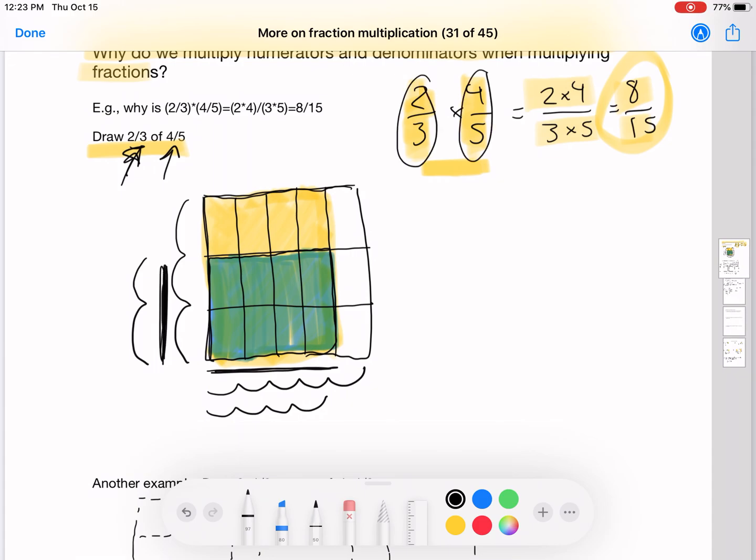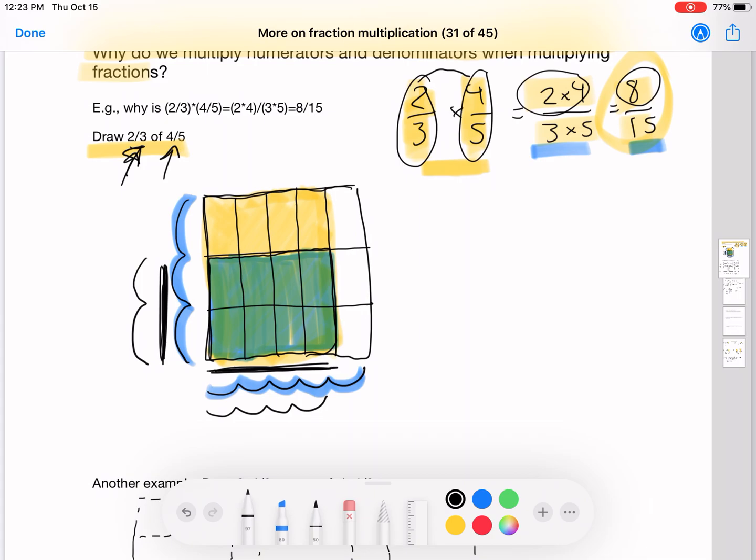So the number of pieces I have shaded in now is 2 times 4, or 8 pieces. However, the pieces are now smaller. I had it cut into 5 pieces this way and 3 pieces this way, so I have cut it into 3 times 5, or 15 pieces, which makes each one of those rectangles a 15th.